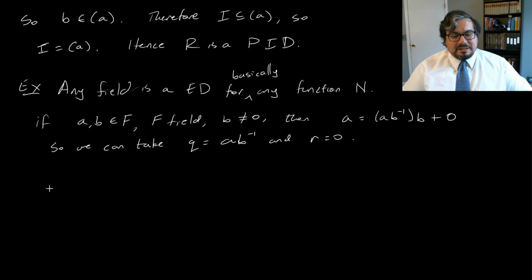Now that we've defined Euclidean domains, that finishes up, at least for now, the collection of different kinds of rings that we consider. Notice that a lot of the rings that we consider can be put into a string of containments.